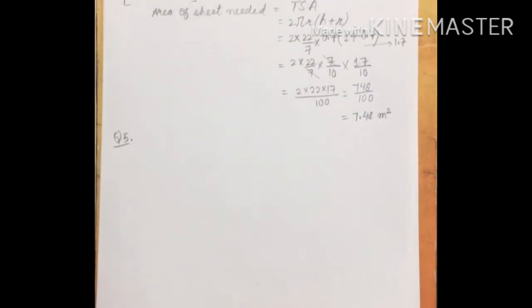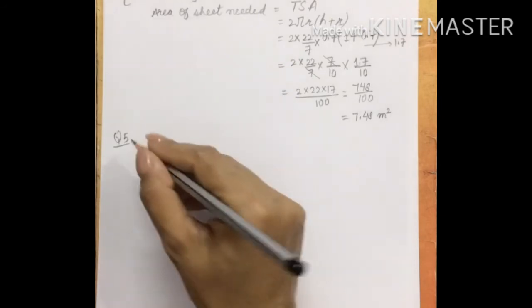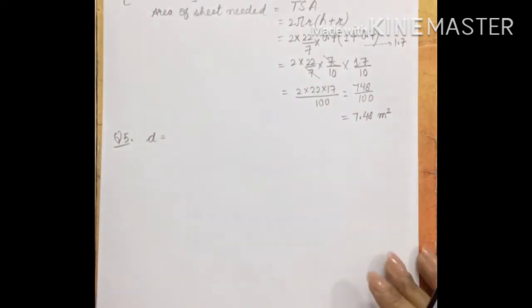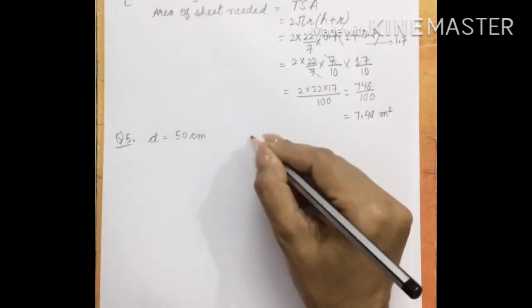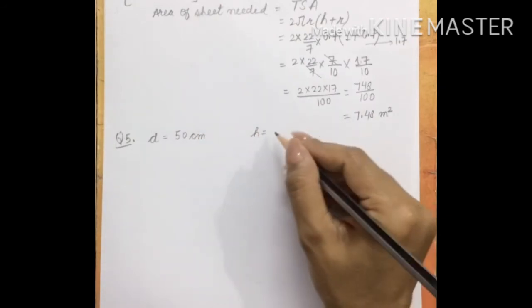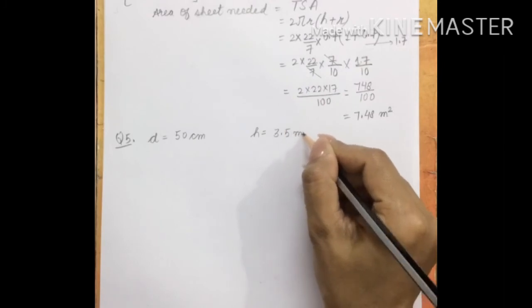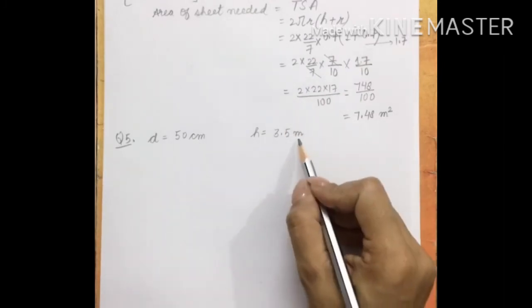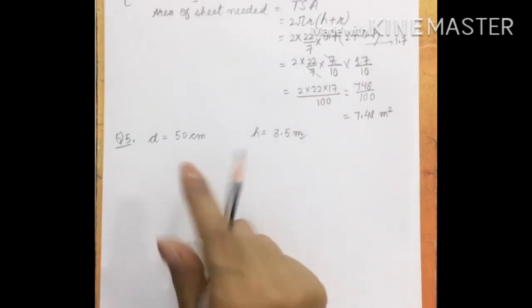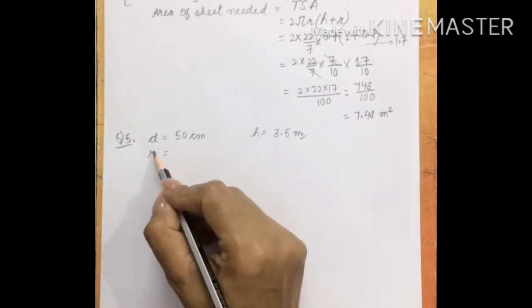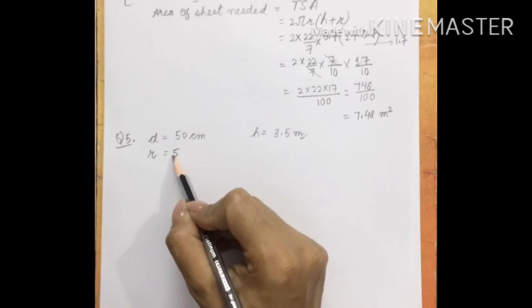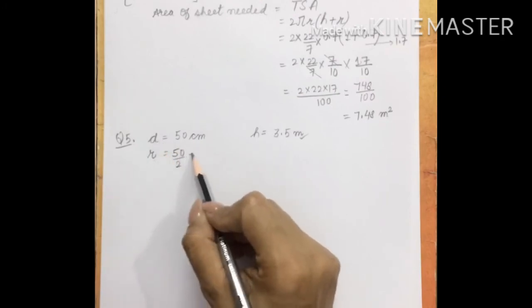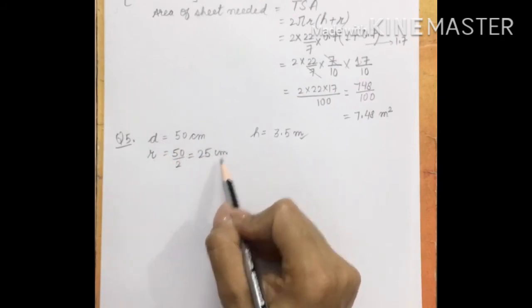Let's write down our answer. I'll be simply writing down the dimensions. The diameter of the base is 50 centimeters. The height given is 3.5 meters. I want the values in meters, so this is fine. I want to change this one. Let's convert. I'm calculating R first, which is to be used in the formula. So R will be 50 divided by 2, half of the diameter. So this will be 25 centimeters.